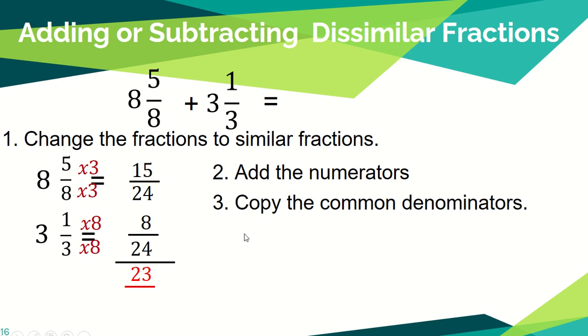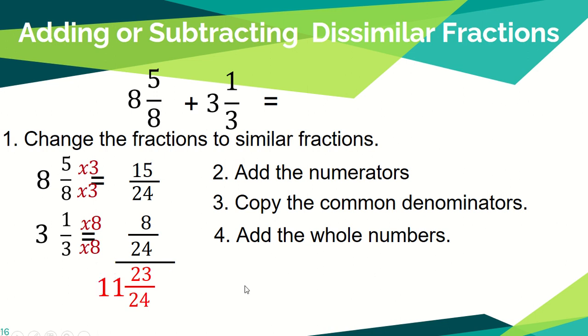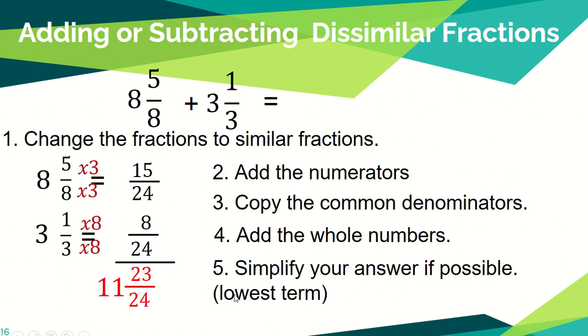Copy the common denominators. We have 24. Then, add the whole numbers. At saka mo i-add yung whole number. 8 plus 3, we have 11. Then, simplify your answer if possible. So, that will be the final answer. So, kahit may whole number siya, huli naman nating ina-add yun.